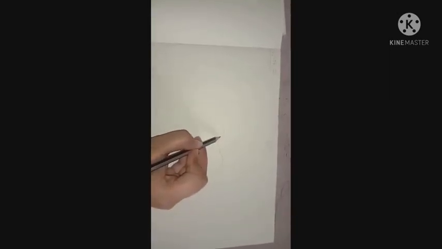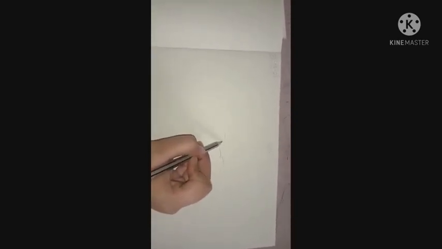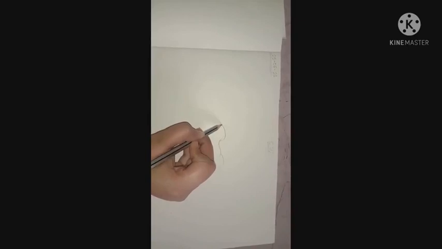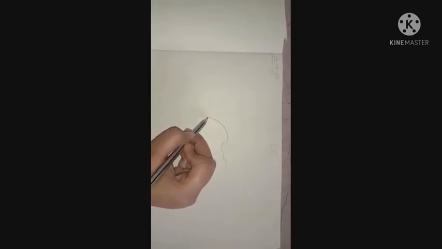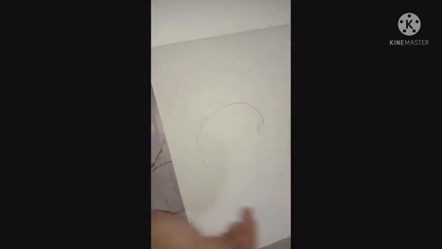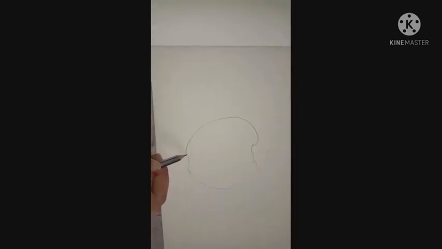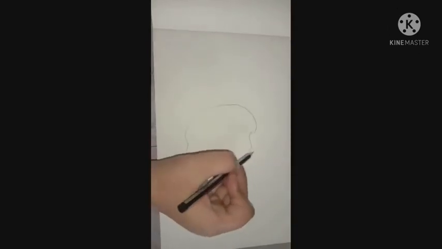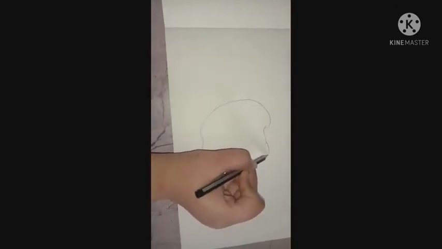First one curve, then C, then give a little curve to your C, then we will make the opposite C from here.